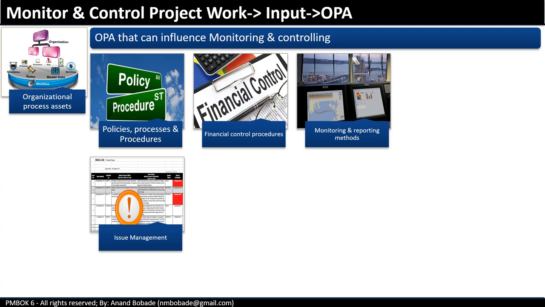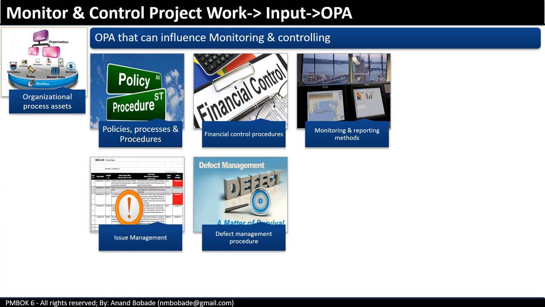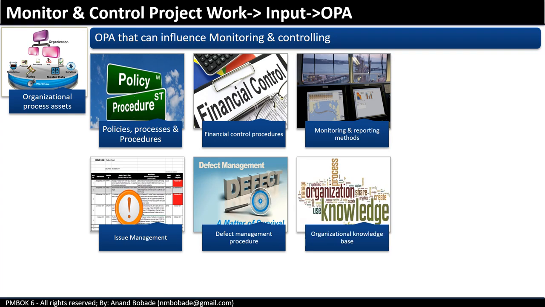Issue management, how the issue lifecycle is managed, what the escalation levels are. Defect management procedure, for example, how defect management happens for a software project, what the categorizations of defects are, how many testing cycles are used, and so on. Organizational knowledge base like process measurements and lessons learned repository. So all these are OPAs which can be useful.